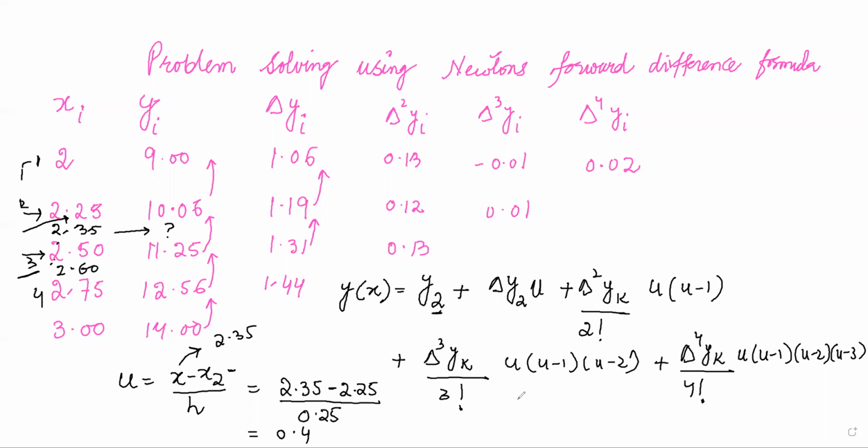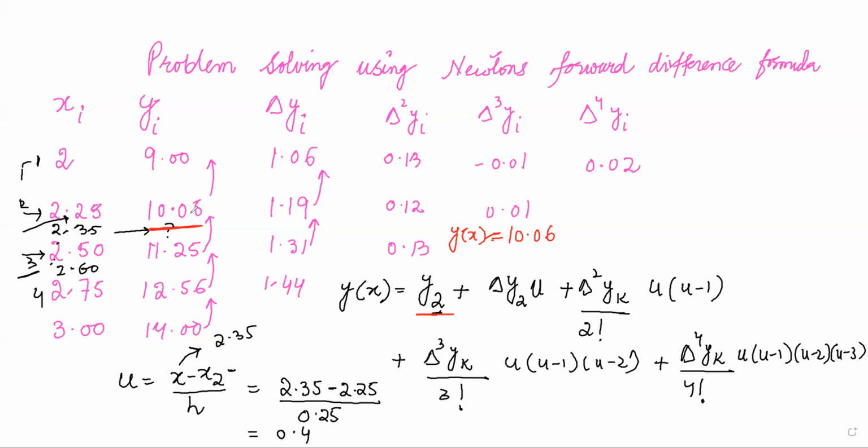Okay, so now we'll be substituting the value of u in the given formula to obtain the value of y of x. So y of x will be equal to, first of all, y2, and the value of y2 is 10.06. Plus delta y2 into u.